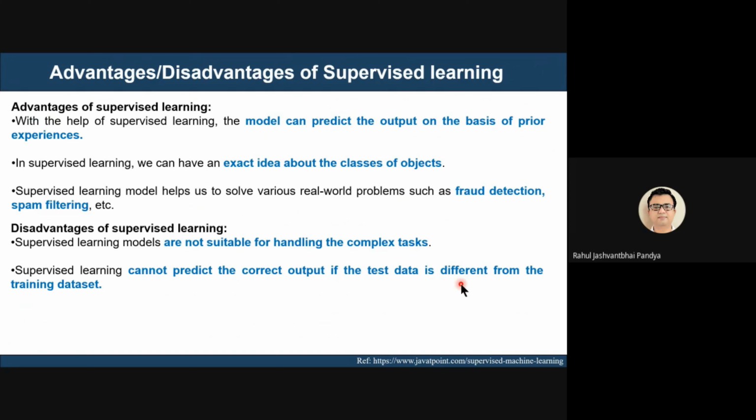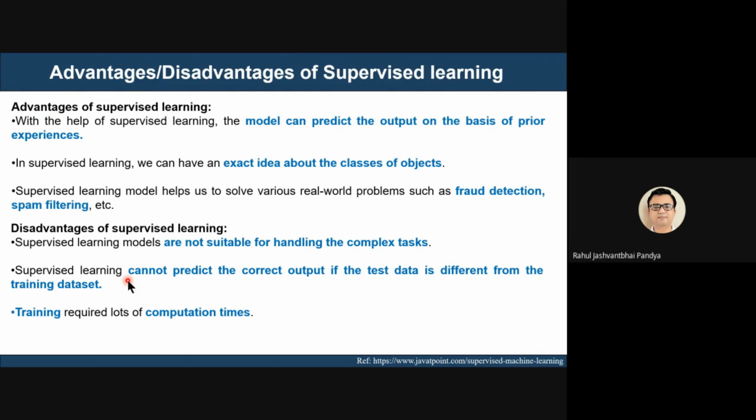If the model is trained on something else, and the testing input data is something different, then it cannot predict it, because it's a labeled data set. It has to know the data sets and their features completely. Then and only then will it be able to identify. Otherwise, it will not be able to identify.